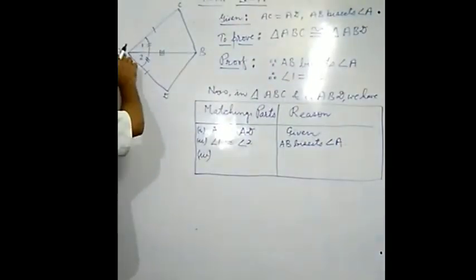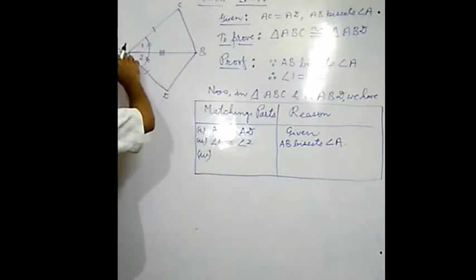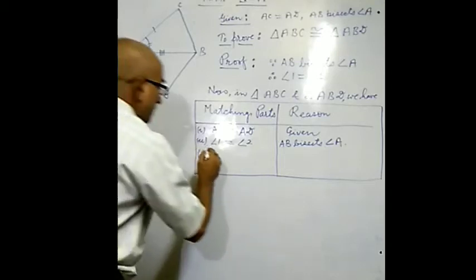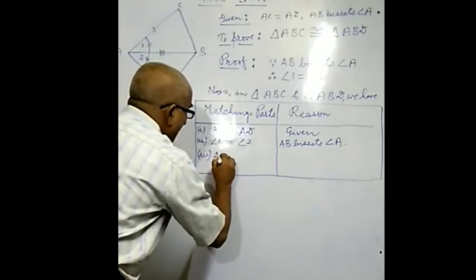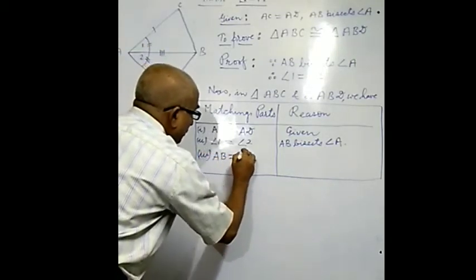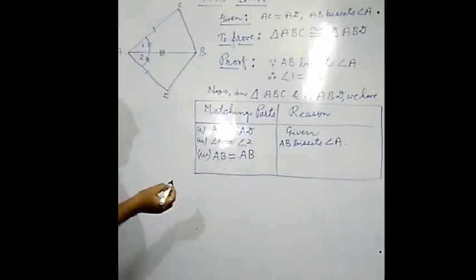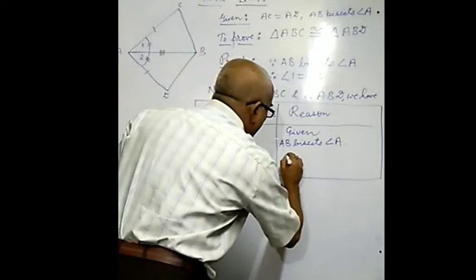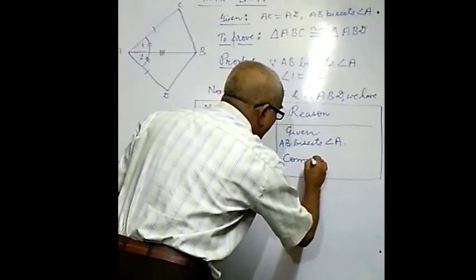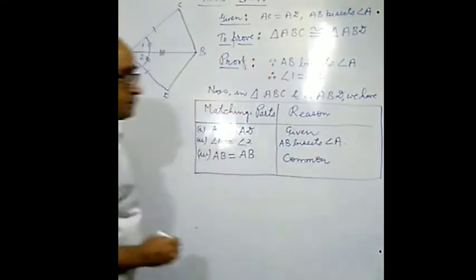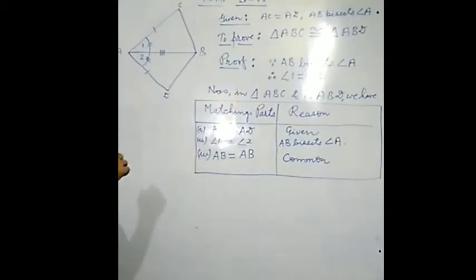And third part, AB equals AB because AB is common for both the triangles. So it will be AB equal to AB. And what reason will be there? It is common here. Common. On the basis of first, second and third, what result can be drawn?